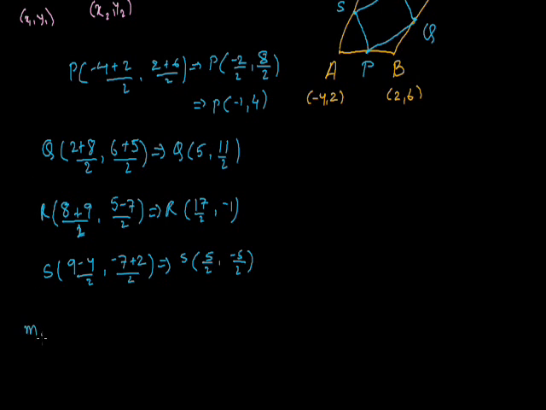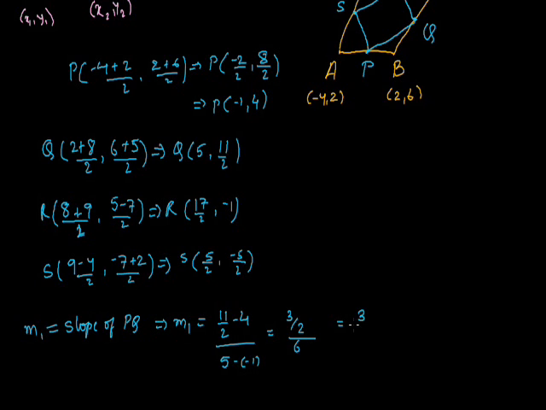So we shall calculate the slope of PQ first. Let M1 be the slope of PQ. Then M1 is equal to (11/2 - 4) upon (5 - (-1)), that is equal to (3/2) upon 6, or else it is equal to 3 by 6 into 2. 3 1s are 3 and 3 2s are 6. So we shall get M1 as 1/4.